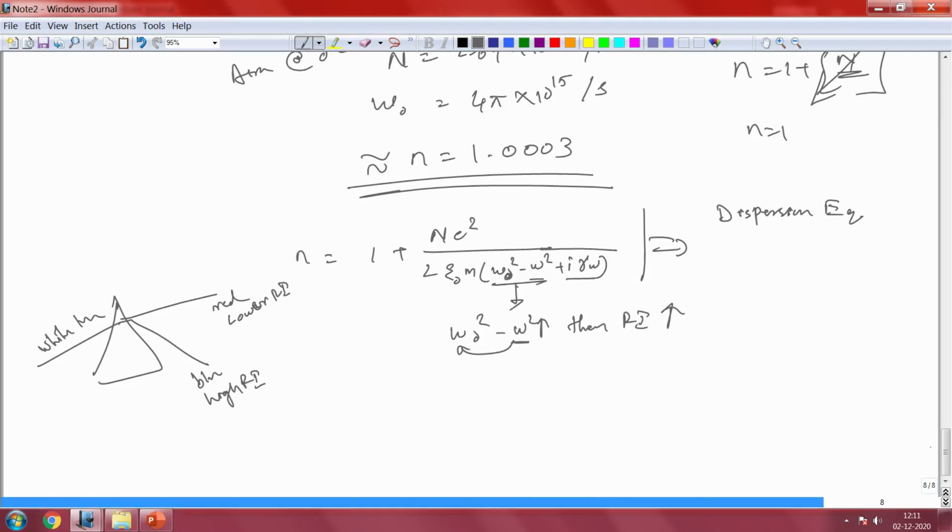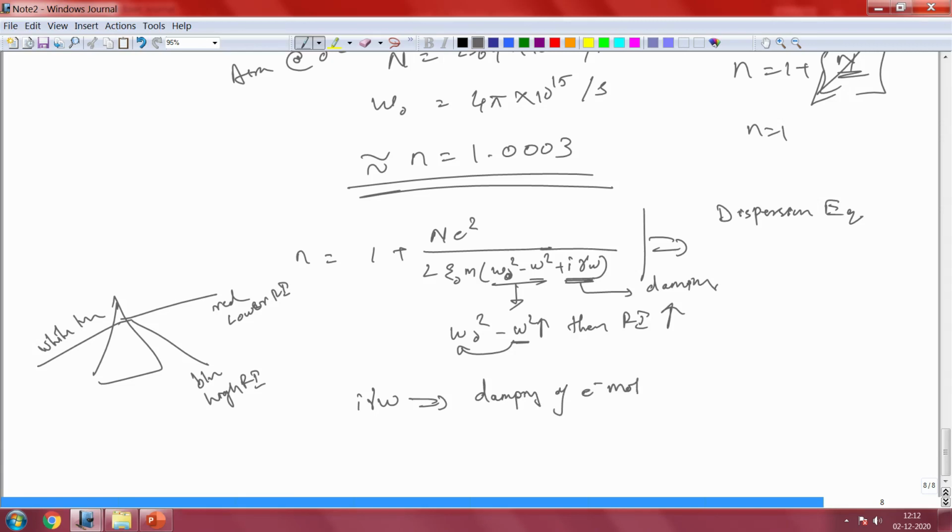So what happens to the imaginary term? The imaginary term, i gamma omega, is nothing but the damping of the electron motion.